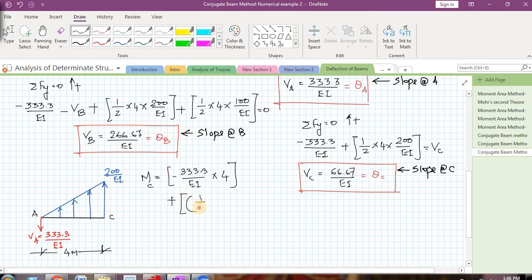Now the load is half of base 4, height 200 divided by EI. This is the total load multiplied by the CG distance, from here up to here, which is obviously 1/3 of 4. No other force is there, so you get the value of MC as minus 800 divided by EI.